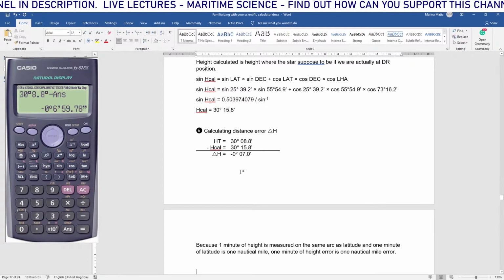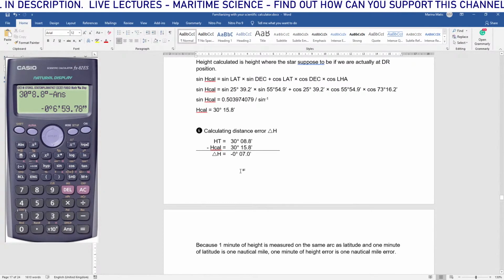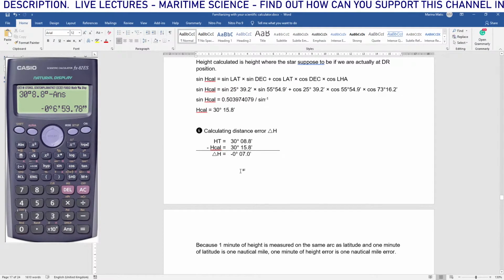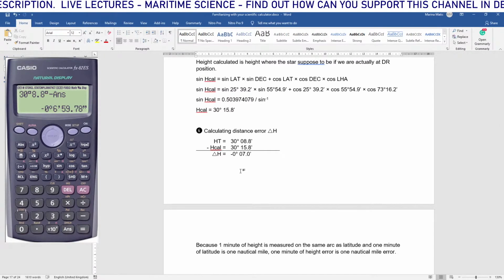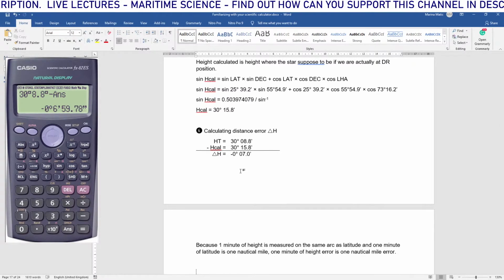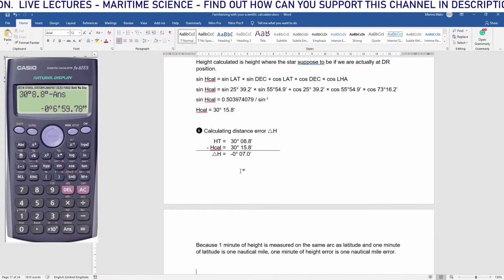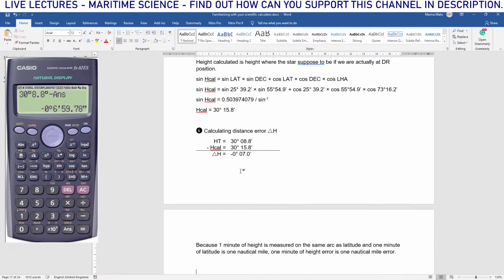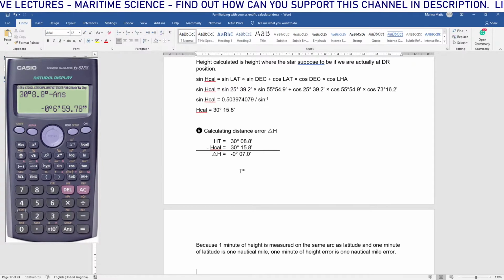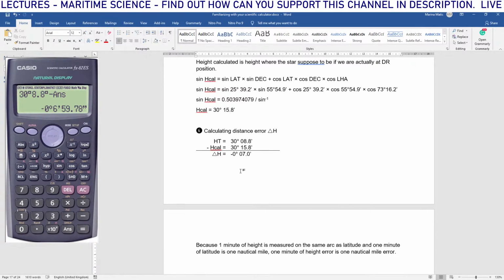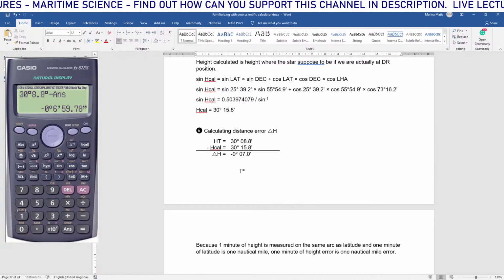Now the distance from true position and assumed position means nothing to me. If I tell you to meet me 200 meters away from the bus station, what that gives you is a circle. Anywhere 200 meters away from the bus station could be my position. What I need is bearing. What I need is azimuth.